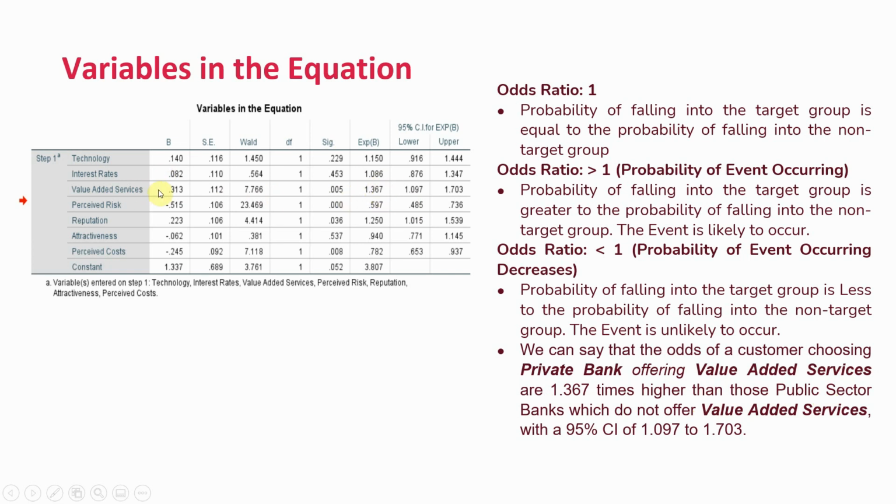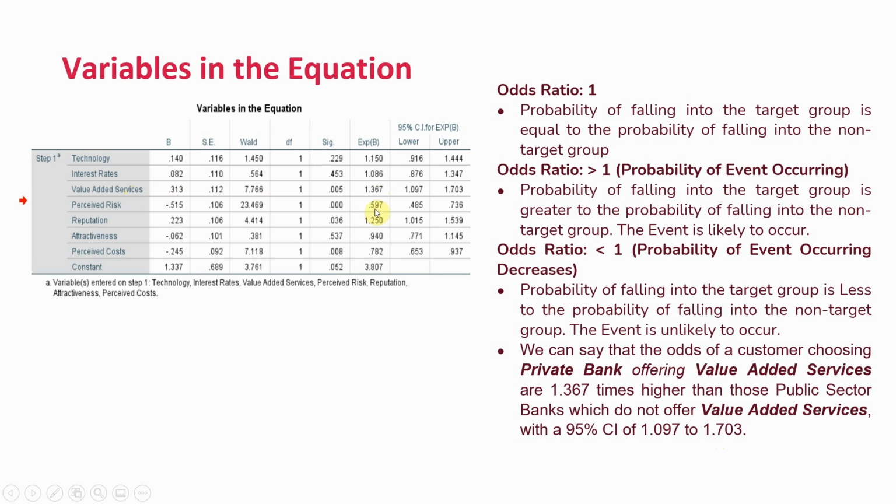And this is with the 95% confidence interval of 1.097 to 1.703. There is no zero in between. So this means that value-added services as a predictor is significant in the probability of the event occurring.